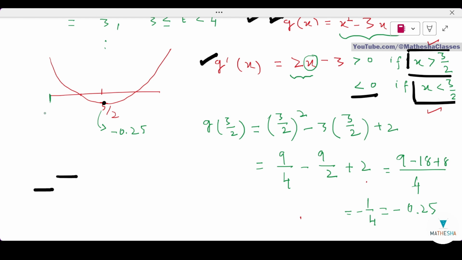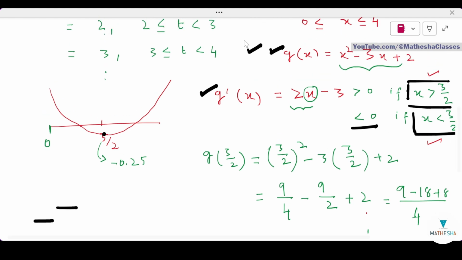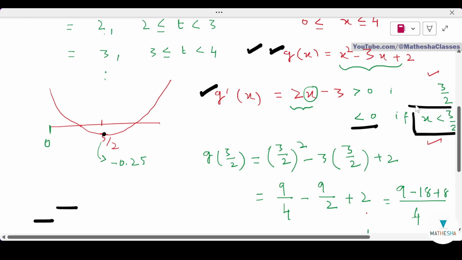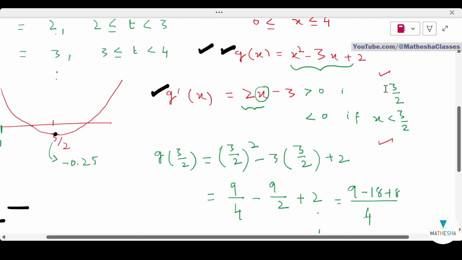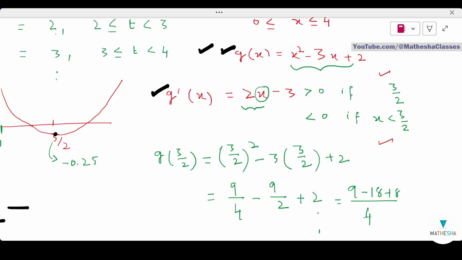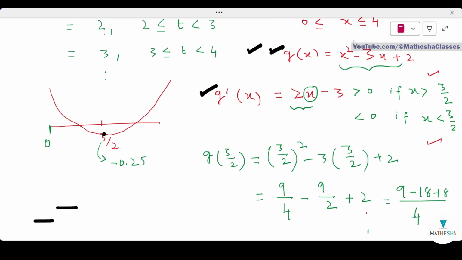So what is the value at 0? This is the expression.